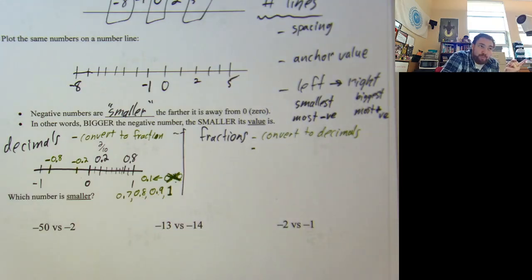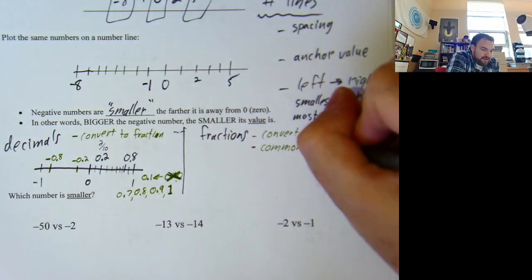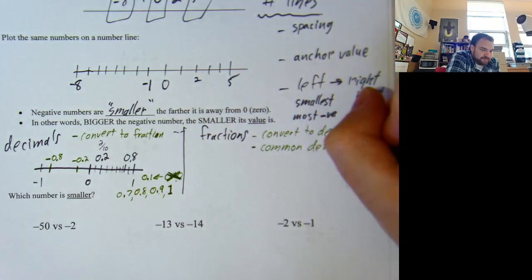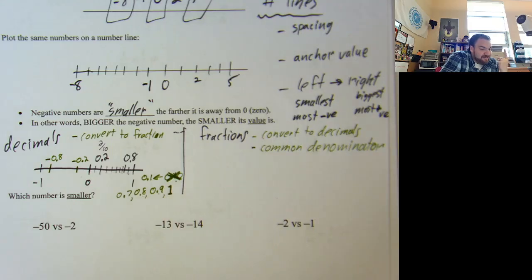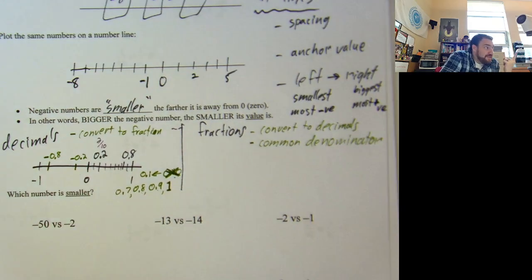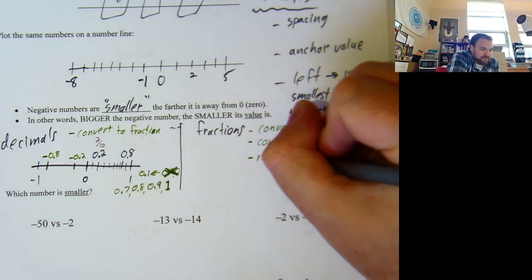Prime number? Nope. Denominator. We want a common denominator these things. Common denominator, which I will review momentarily. The other option, again, comes back to the number line.